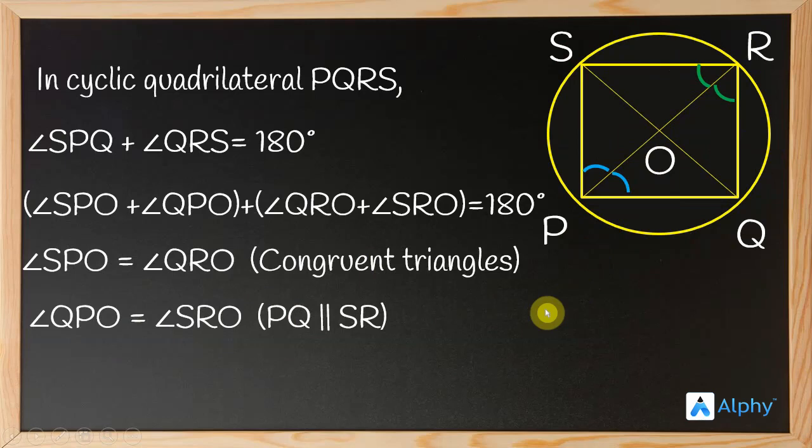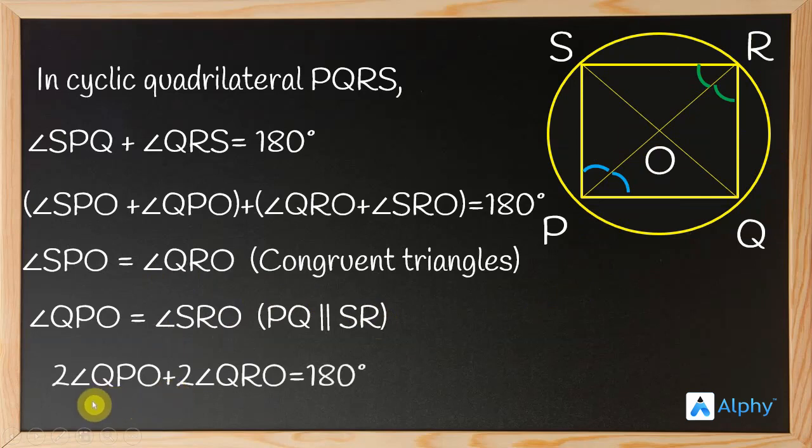So now what we will do is replace the equal angles. We'll get 2 times QPO plus 2 times QRO is equal to 180 degrees. Now what we did is that we replaced angle SPO with QRO, and we replaced angle SRO with angle QPO.